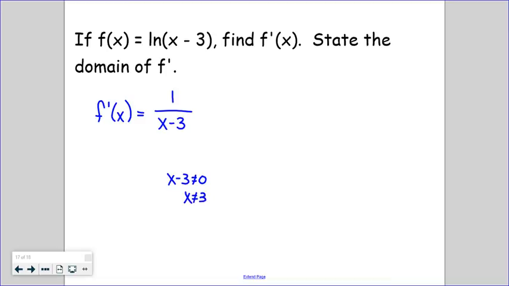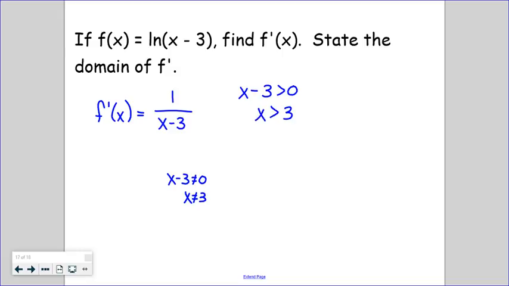But if I look back at the beginning, do you guys remember what the domain restriction is that goes with logarithmic functions? You can't take the log of a negative, right? You cannot take the log of a negative number. So this, or 0, I should say, has to be greater than 0. X has to be greater than 3.